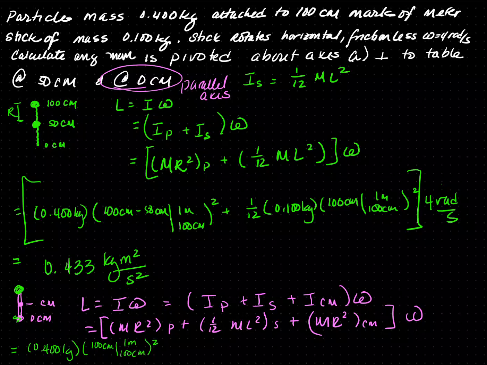And you need to square it because this is the distance from the axis of rotation to the particle, plus 1/12. The mass of the meter stick is still the same, so it's 0.100 kilogram. And the length is still the same, so it's going to be 100 centimeters, 1 meter is 100 centimeters, squared.